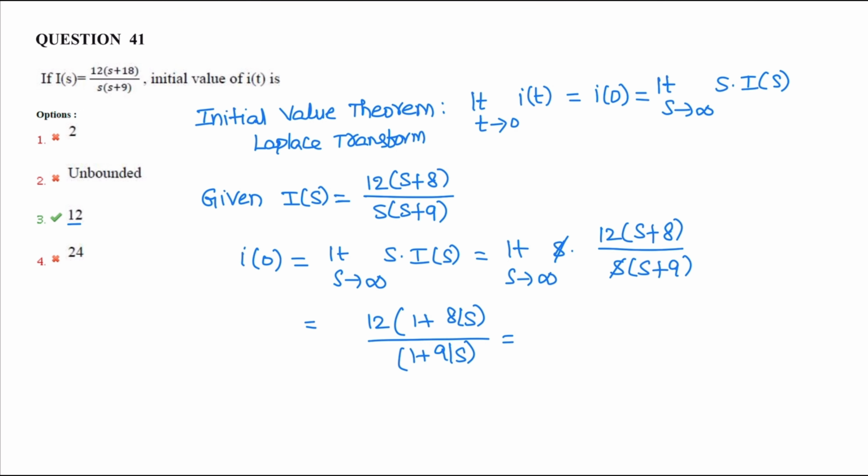Replacing s with infinity, we get 12 into 1 plus 0 by 1 plus 0, so it is 12. The correct option is 3. The initial value of the given function i of t is 12.